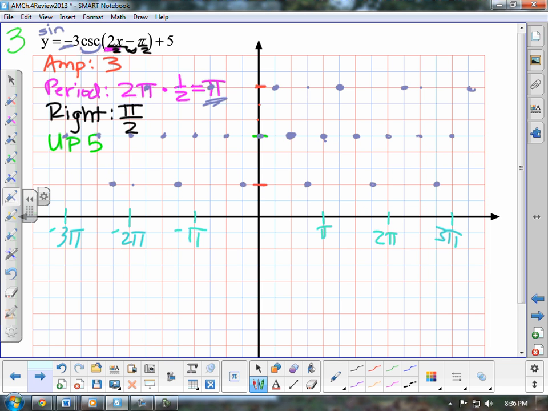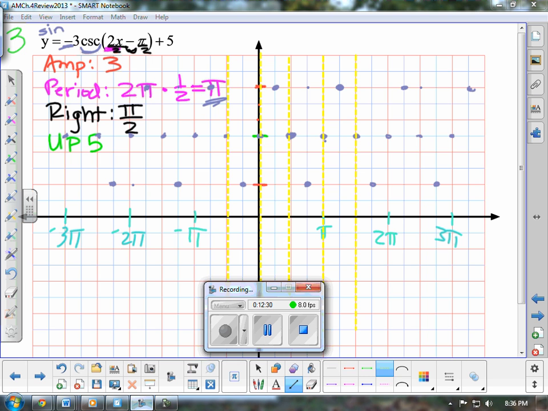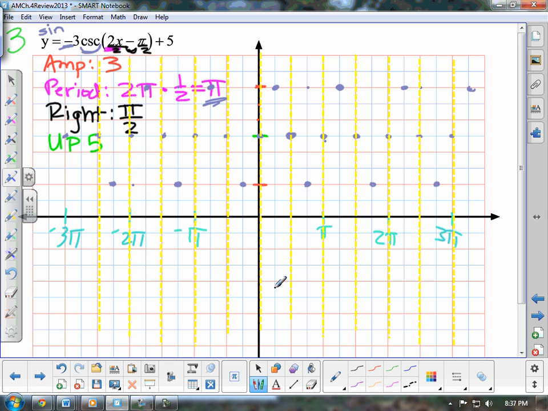And then, because we are doing cosecant, we are going to have asymptotes, and the asymptotes are at the midline. Due to time constraints, I drew in the rest of the asymptotes, and now we would have our function.